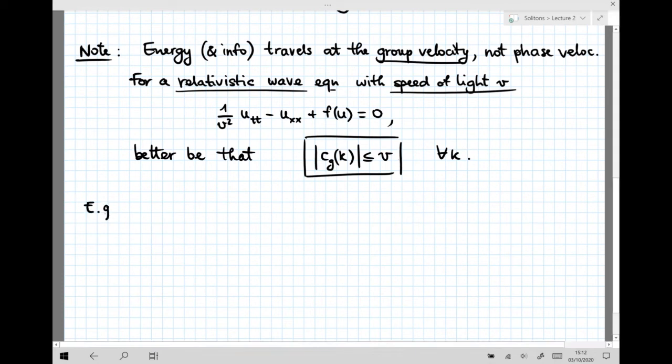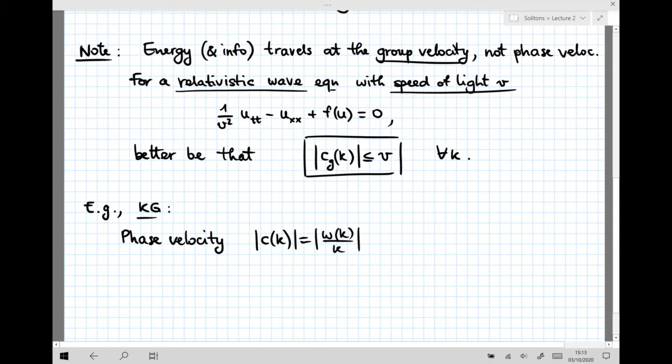For instance, for the Klein-Gordon equation, it's easy to calculate the phase velocity and the group velocity. We have already calculated the phase velocity, and its absolute value was equal to v, the speed of light, times the square root of 1 plus m squared over k squared.